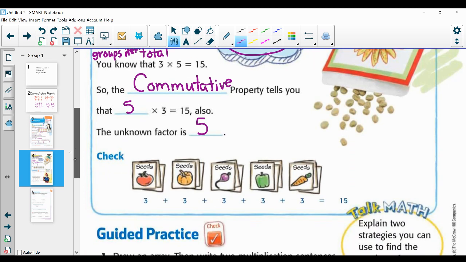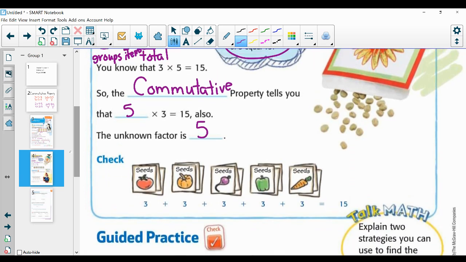So let's check. Okay, there are 3 packs of tomato seeds, 3 packs of pumpkin seeds, 3 packs of radish seeds, 3 packs of bell pepper seeds, and 3 packs of carrot seeds. 3 plus 3 plus 3 plus 3 plus 3 equals 15.